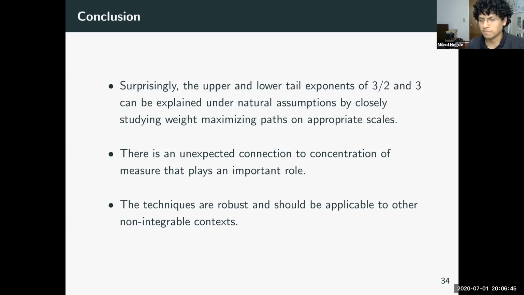If you ask the question, suppose you condition the Airy line ensemble at 0 to be distinctly negative, a value minus x, where x is quite big, then we know the tail probability is e to the minus x cubed, and you're shedding light, if I understand correctly, on the geometric explanation for that.